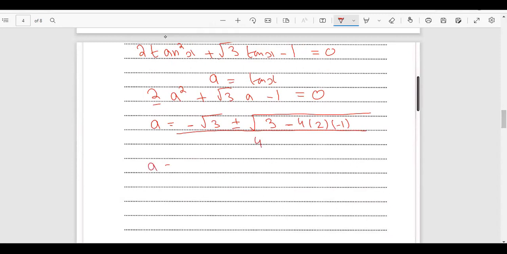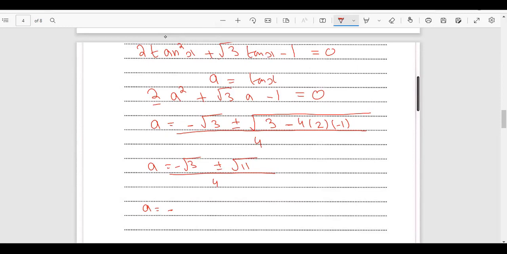So a is going to be minus under root 3 plus minus under root 11 divided by 4. So either a would be, let's find the value directly, minus under root 3 plus under root 11 divided by 4.